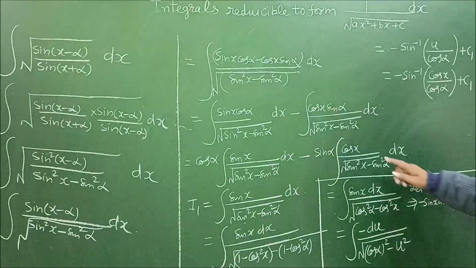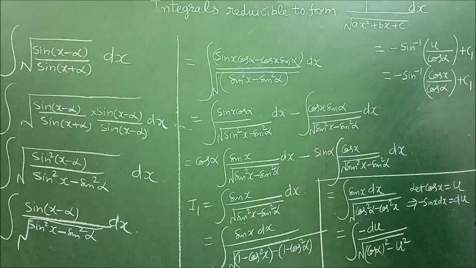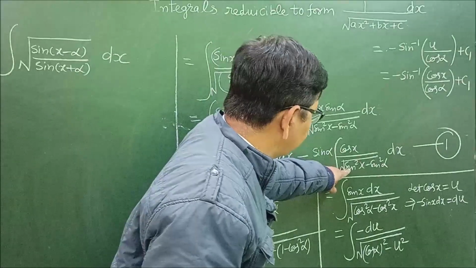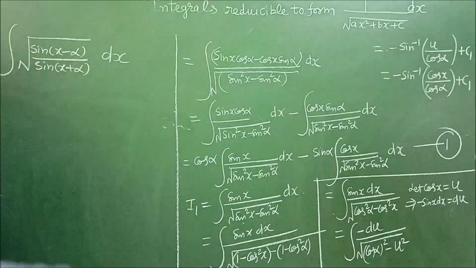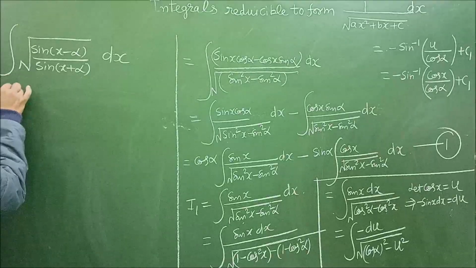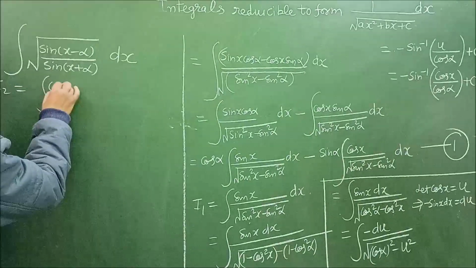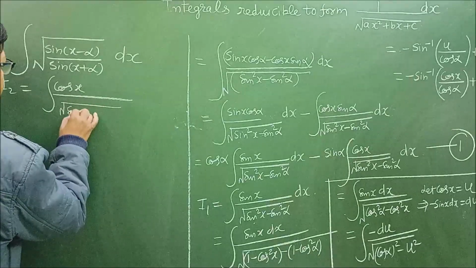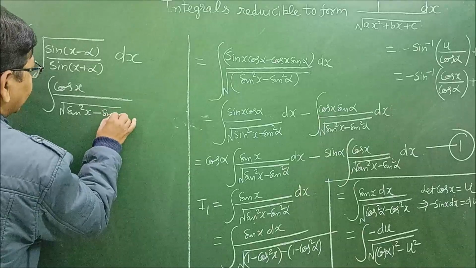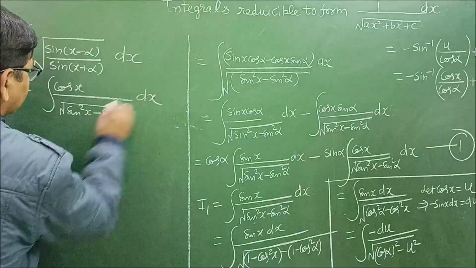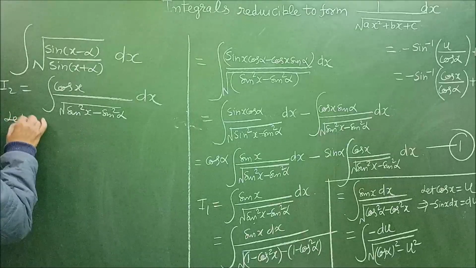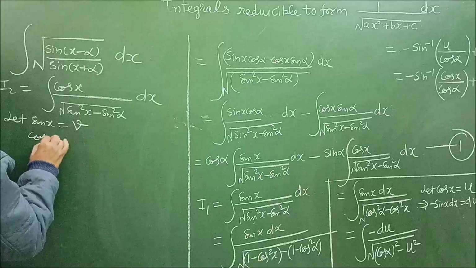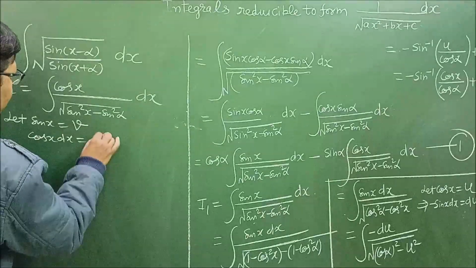Now let us solve the second integral. Second integral is cos x upon under root of sin²x − sin²α. So let us solve it. I2 is cos x upon under root of sin²x − sin²α dx. So here let sin x be equal to v. On differentiating we get cos x dx is equal to dv.